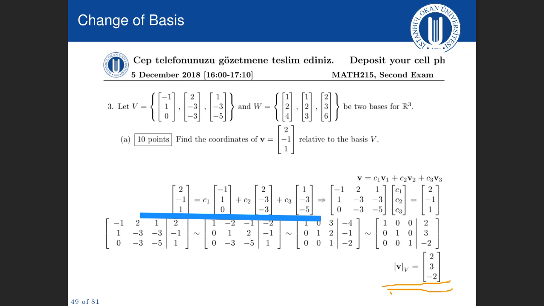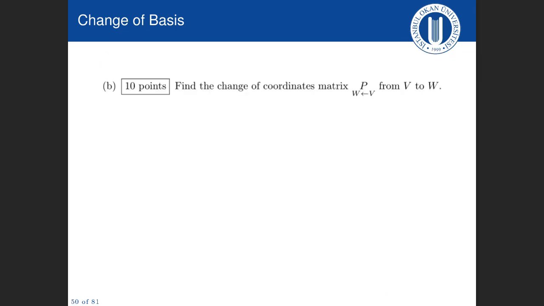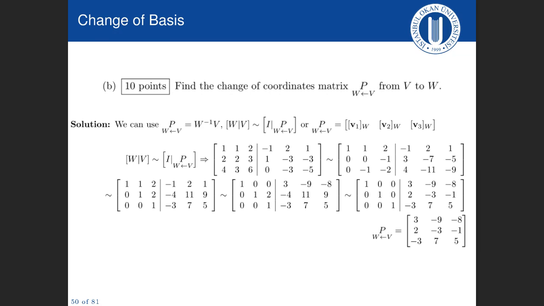And then the question went on with part B. Find the change of coordinates matrix from V to W. So the idea is we're going to start with the augmented matrix with W on the left and V on the right, and then row reduce it so we end up with the identity matrix I on the left, and then the change of coordinates matrix on the right.